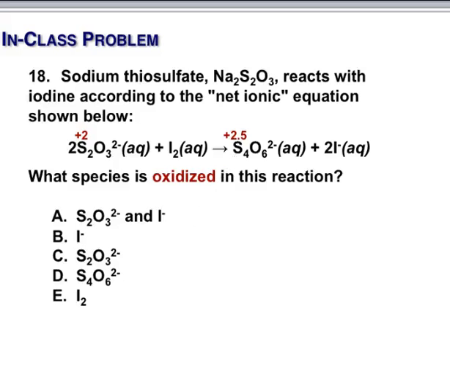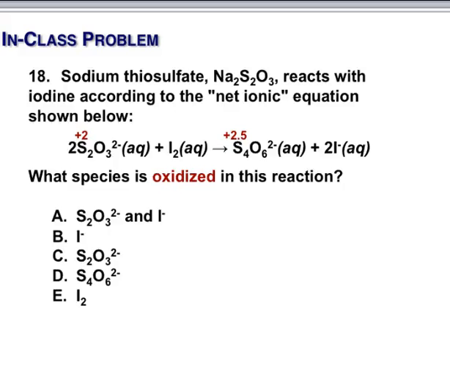All right. Has the thiosulfate been oxidized or reduced? Has it gained electrons or lost electrons? To go from plus 2 to plus 2.5, it has to lose half an electron, doesn't it?